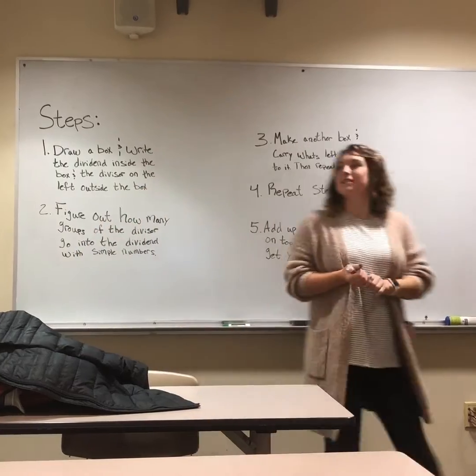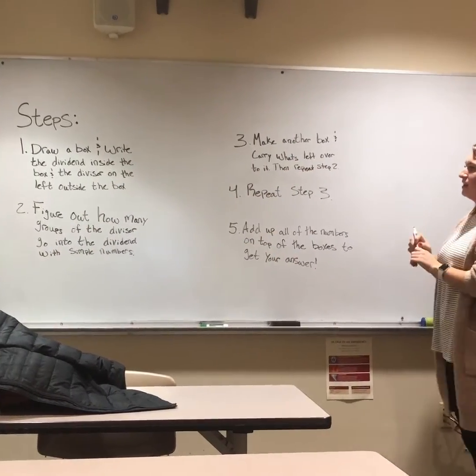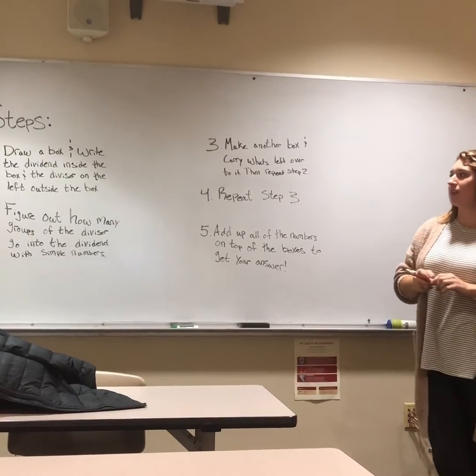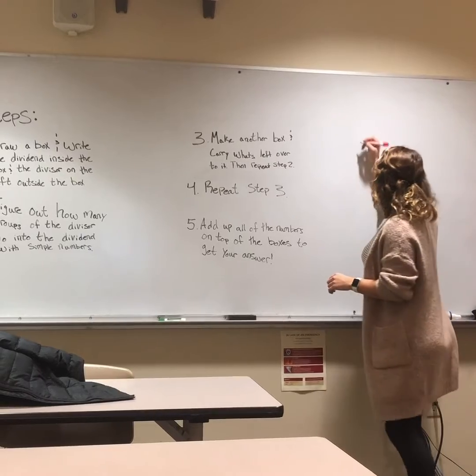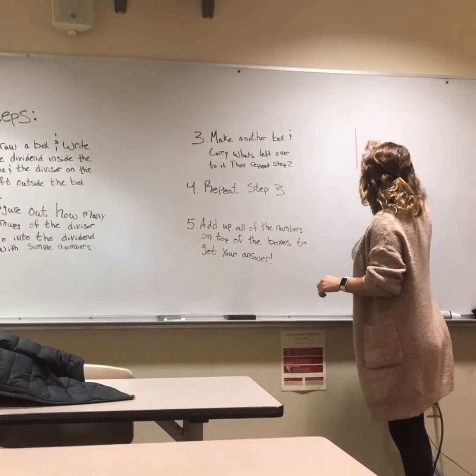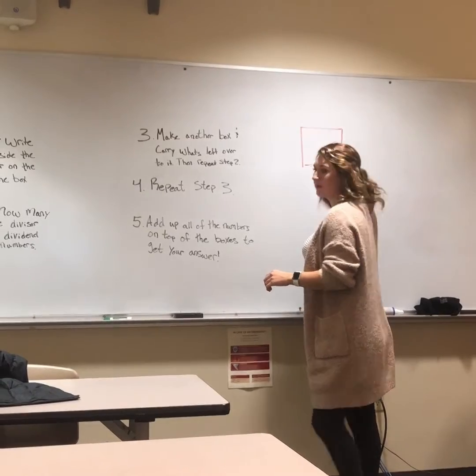So the first step, which is right here, we're going to draw a box and write the dividend inside of the box and the divisor outside on the left of the box. So we'll draw our box and then we'll get our equation up on the board.